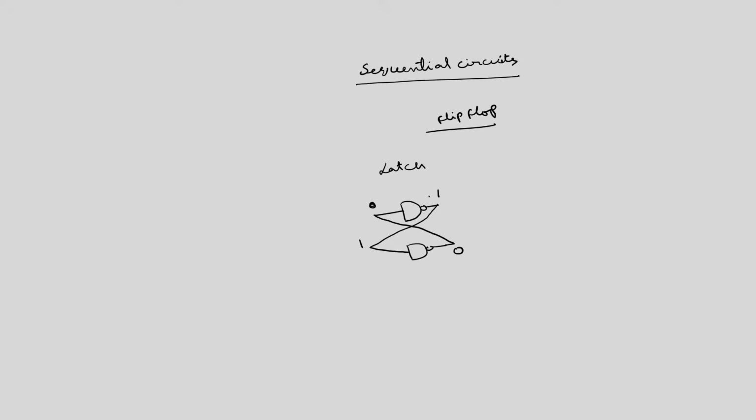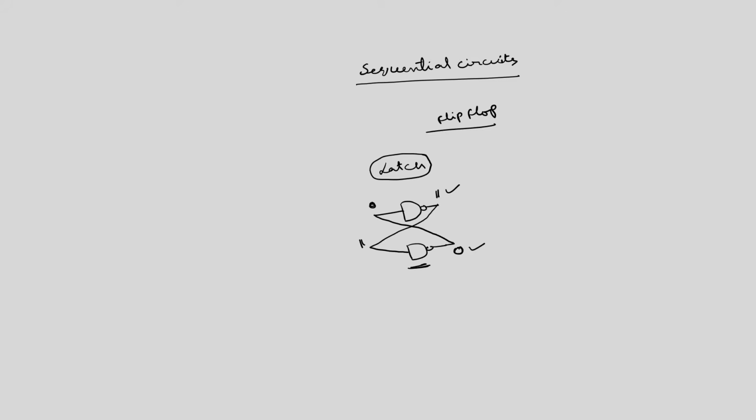So, this is 0, this is 1, this is 1, this is 0, as long as the power supply is there for these NAND gates. So, this 1 will be stored here, 0 will be stored here. So, in order to store one bit of information, we can use a simple latch where we use two NAND gates connected back to back.